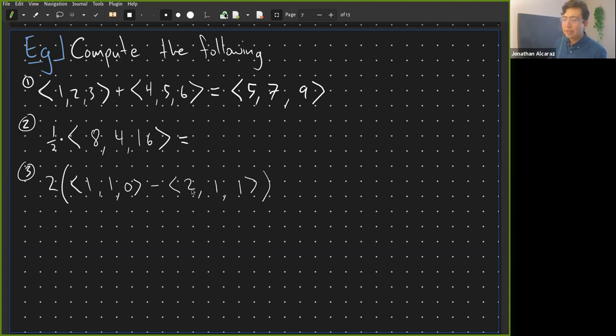Now over here, the second problem, just a basic scalar multiplication. 1/2 times all of this. 1/2 times 8 is 4. 1/2 times 4 is 2. 1/2 times 16 is 8.